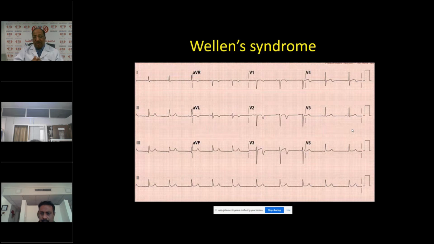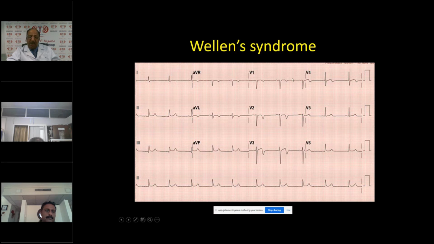Now, Wellen syndrome is a specific situation where the patient presents with typical angina or chest pain, and there is a dynamic T inversion in V2, V3, sharp symmetric T wave inversions. It may be biphasic, upright and then downward, or it may be deep symmetric T wave inversion alone.